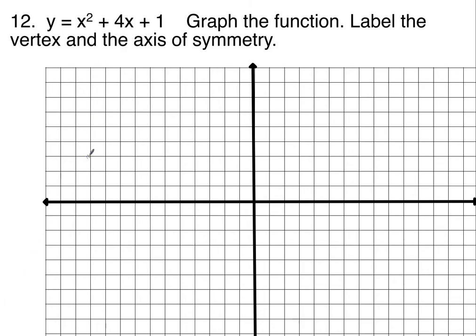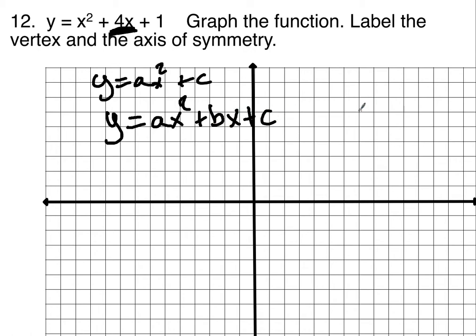Okay, when it's not in the form y equals ax squared plus c, it has this middle term right here, and so it's in this form, y equals ax squared plus bx plus c. This is standard form for a parabola, and we're going to talk about what these constants do.